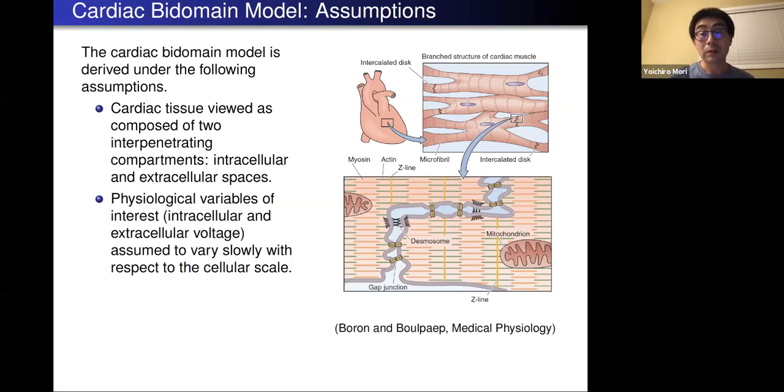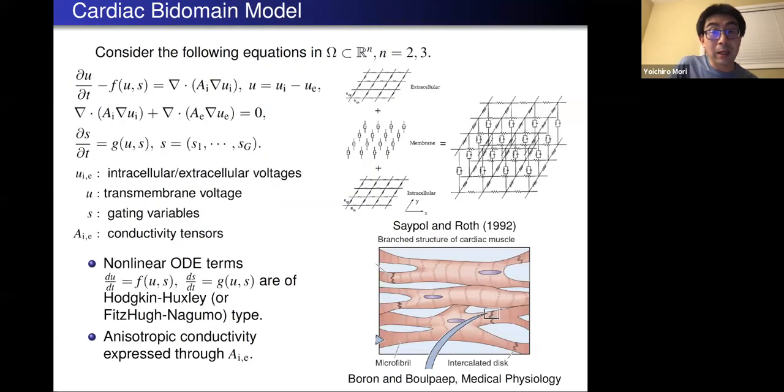Now, the heart consists of on the order of billions of cells, and therefore in modeling of cardiac electrophysiology at the organ level, one usually writes down a continuum model, which is a partial differential equation model. What I've written here at the top three lines are what are called the cardiac Bidomain equations. Let me explain where they come from and the meaning of this.